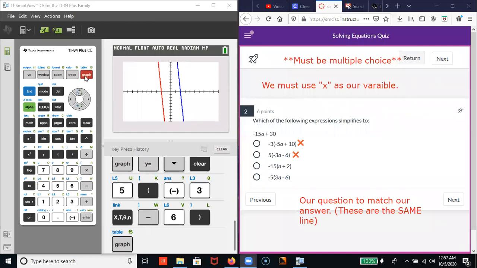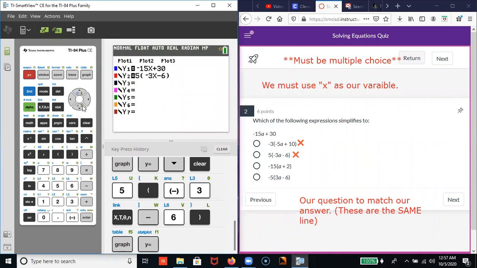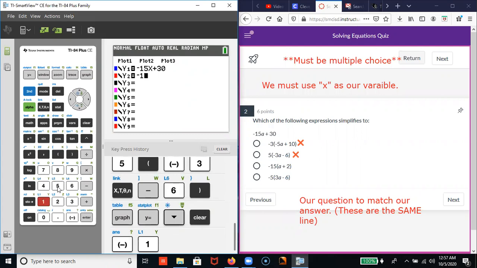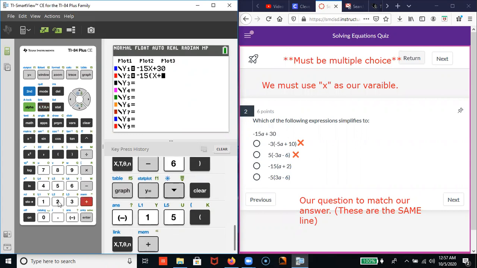We're going to go back to y equals. Press down to get to the second equation, press clear to get rid of it, and then we're going to put in our next one, which is negative 15, parentheses, x plus 2, close parentheses, and we're going to press graph.